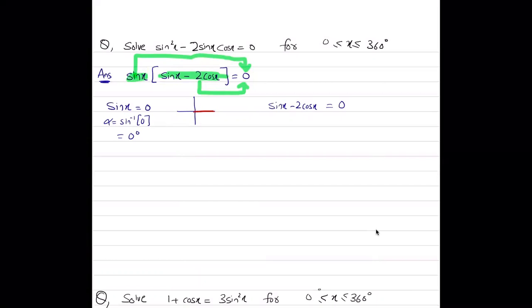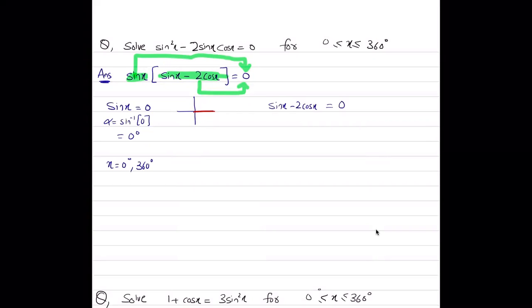So if one of the values for x is 0, the other angle is going to be 360 minus 0, because it's between the first and the last quadrant. The basic angle was 0, so the first angle is 0 and the next angle is 360 minus 0, that is 360, because sine 360 is also 0. So 0 degrees and 360 degrees.